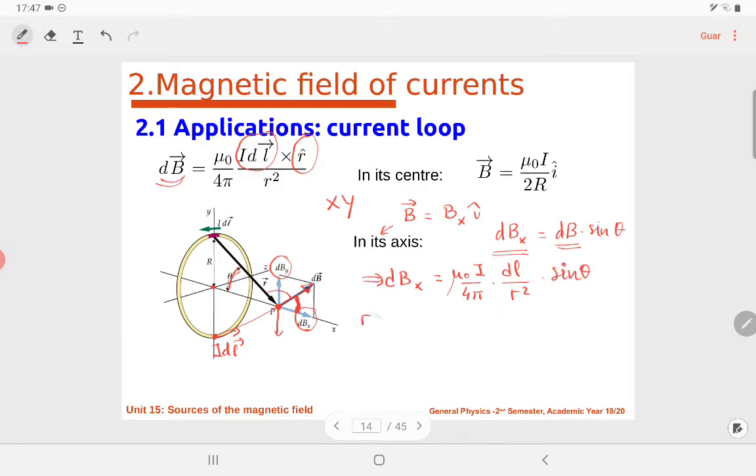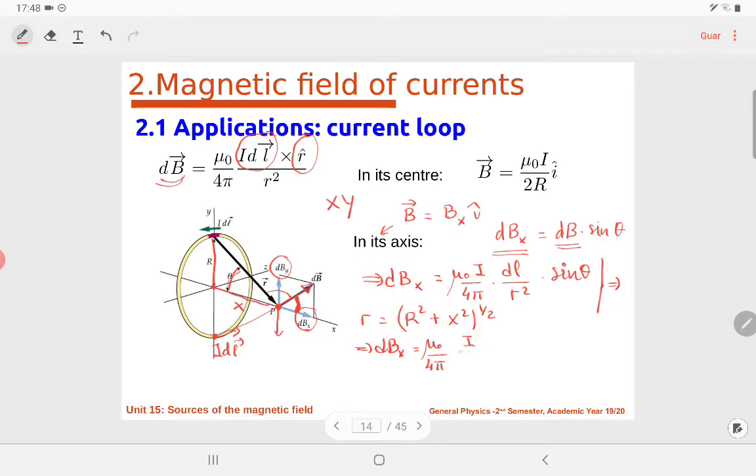Okay, so this r is equal to the square root of big R squared plus x squared, because this distance is r, and this distance we're going to call x. So if we put everything together, we can see that this component here is equal to mu sub 0 divided by 4 pi I.